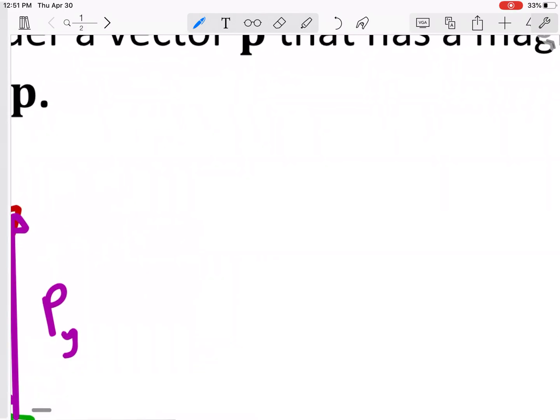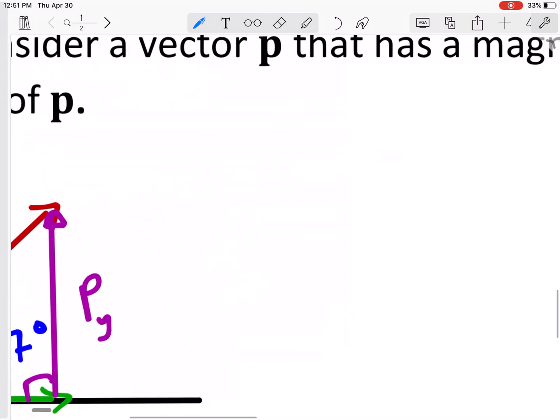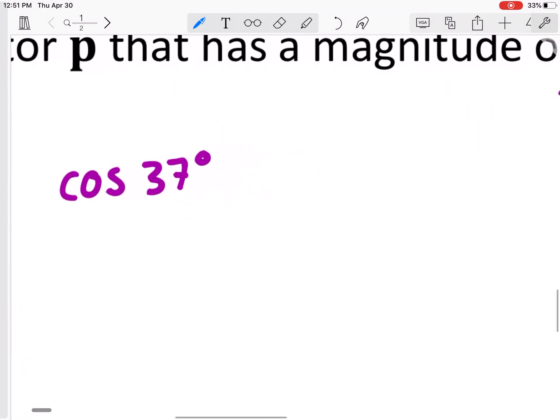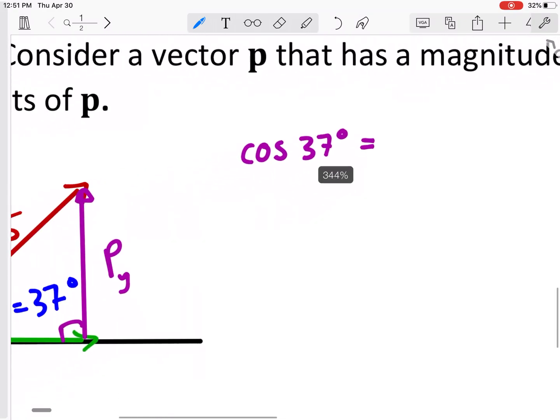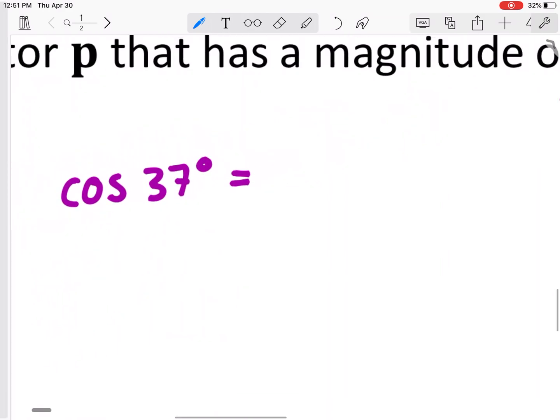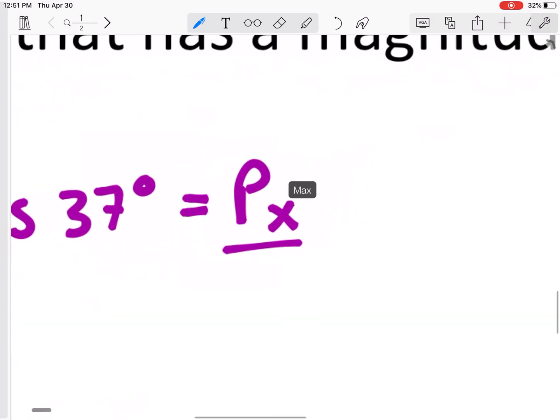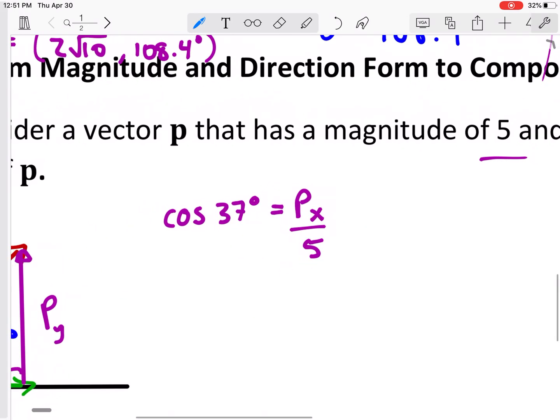So to find this horizontal component, cosine of our angle, 37 degrees, is equal to the adjacent, which we don't know, P sub x, over the magnitude, 5, because that's the hypotenuse of this triangle.